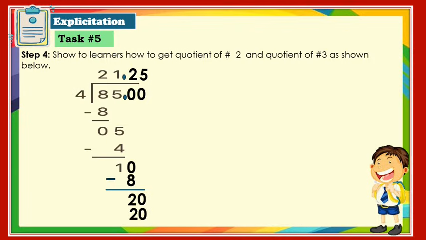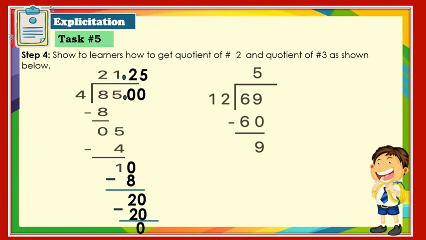For our equation number 3, this is our answer before with a remainder. But by just adding a decimal point and 0, we can continue our quotient. Then copy the decimal point in the quotient and bring down 0 to make it a new dividend. So 90 divided by 12, we have 7. 7 times 12 is 84.